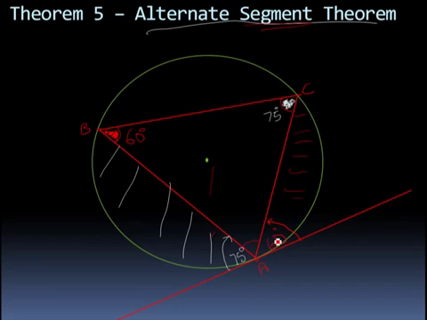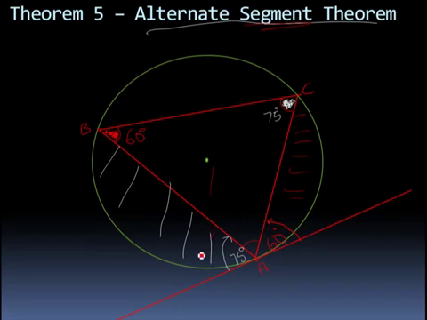This 60 degrees is in the minor segment, so it's equal to the angle that is in the major segment. And the angle that is in the major segment is not this angle right here, because these angles are barely in this major segment. So we're looking for this one over here. That's 60 degrees.